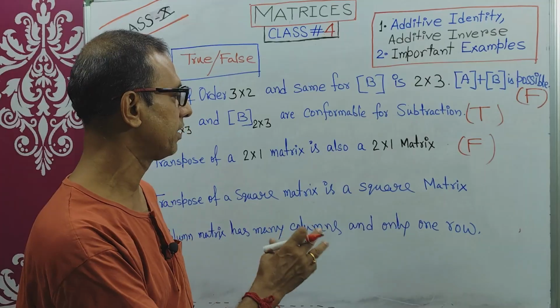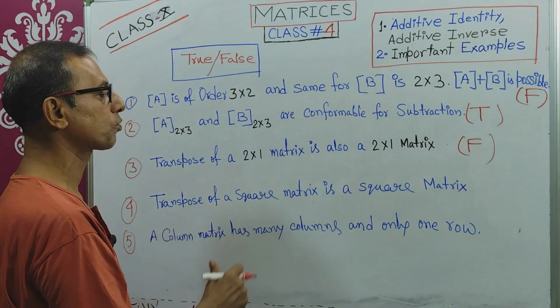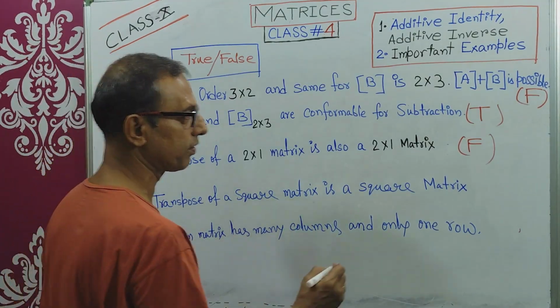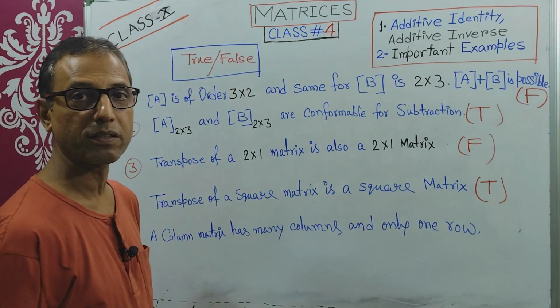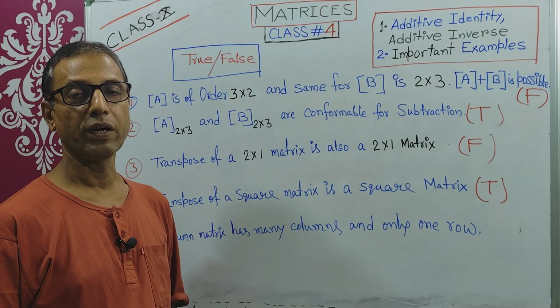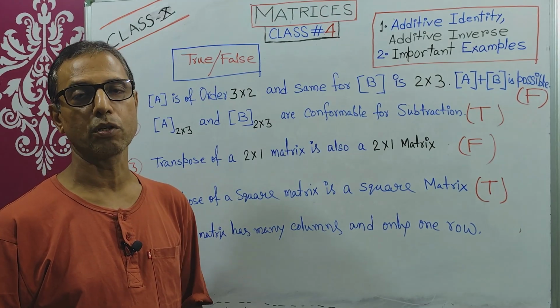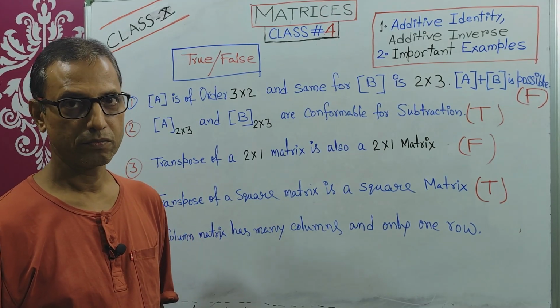So effectively there is no change. So the transpose of a square matrix is also a square matrix. It is absolutely true. But the transpose of a rectangular matrix will have the same order, that is an absolutely wrong statement, right?